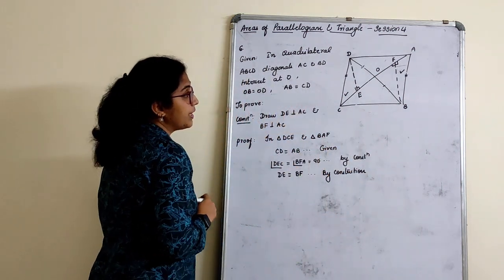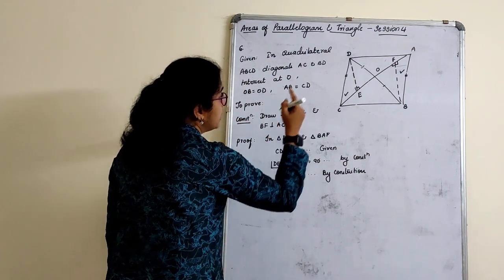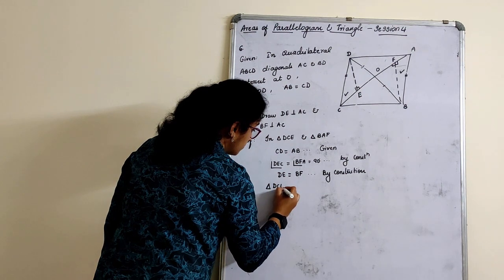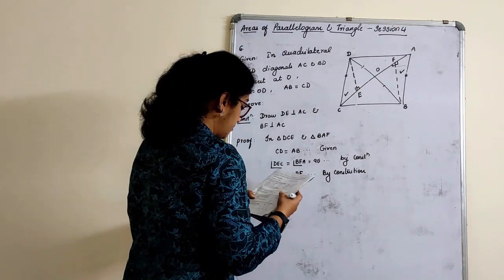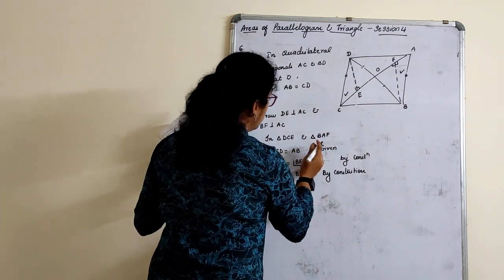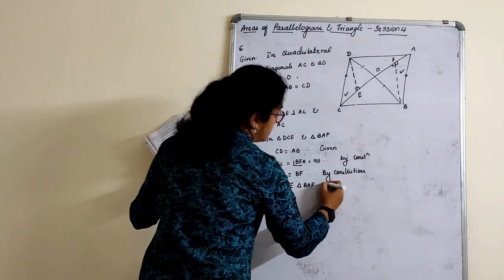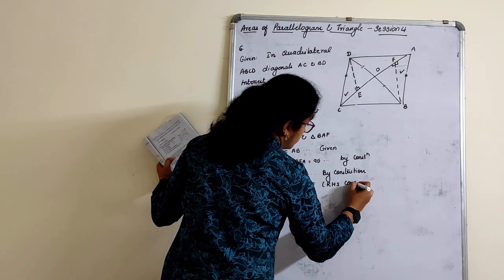Okay. So from this I can tell that triangle DCE is congruent to triangle BAF by the RHS congruence rule.